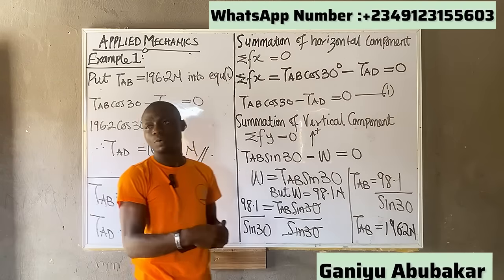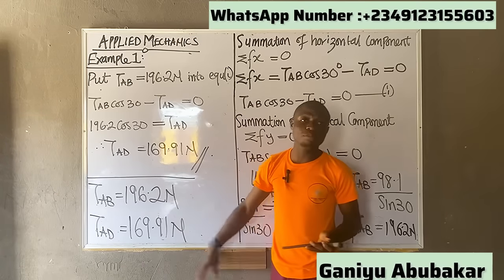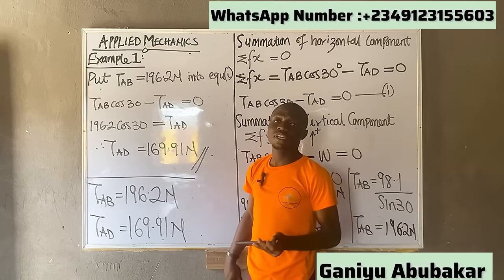This is the value that we have to find for TAB and TAD.